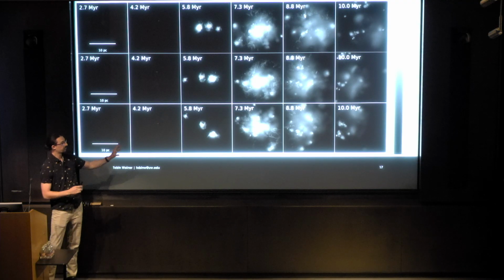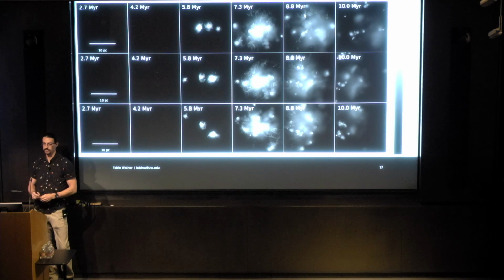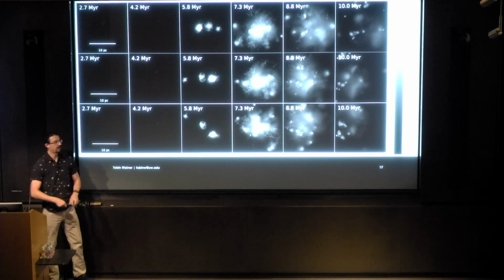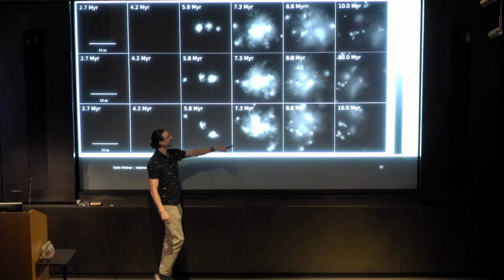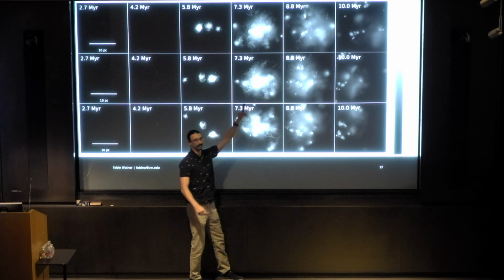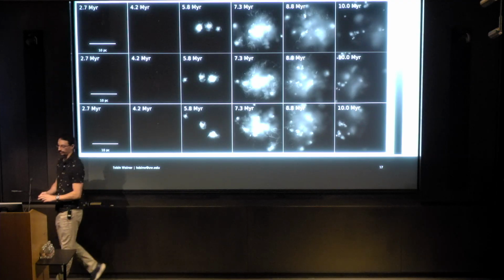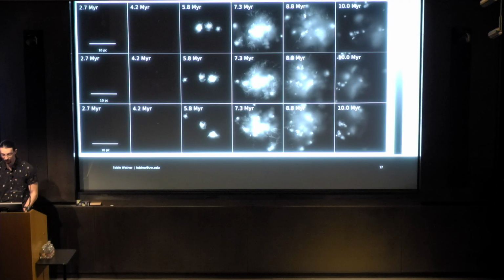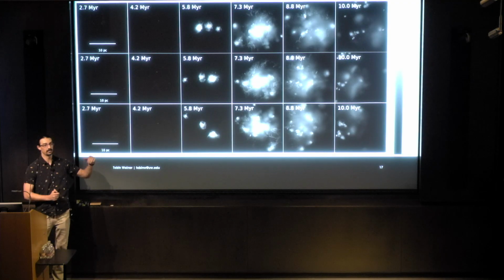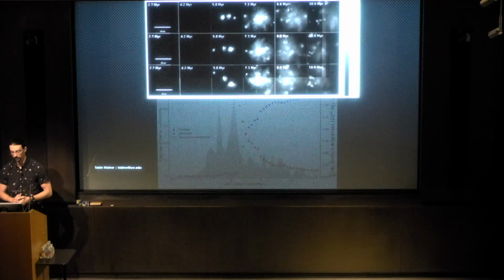So we made some mock observations of the simulation suite at 24 microns. And I get kind of giddy when I see this substructure in the gas here, specifically at this 7.3 million year time step.